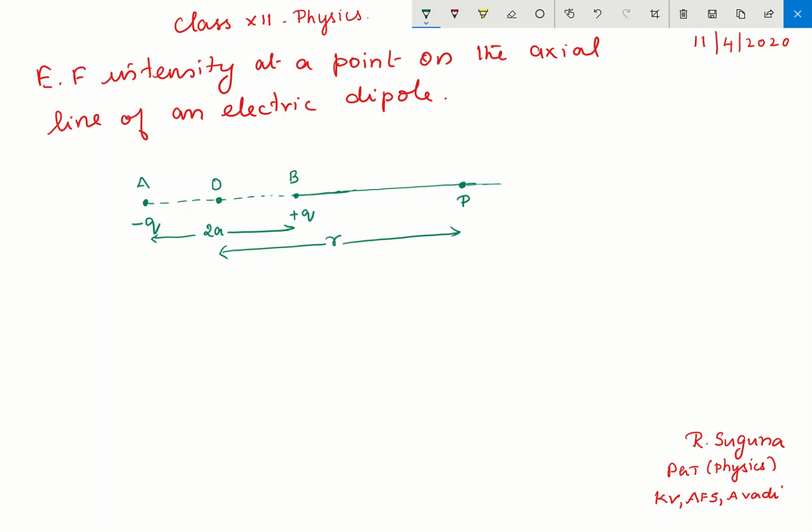How to find it? First we have to find the electric field intensity at P due to minus Q and then due to plus Q. Then we find the net electric field.